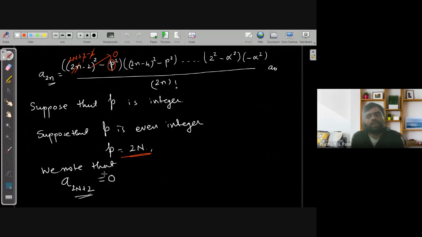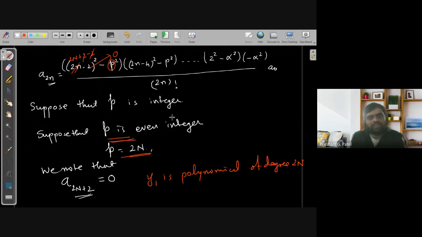Understood? That means this y1 is a polynomial of degree 2n if your p is an even integer.